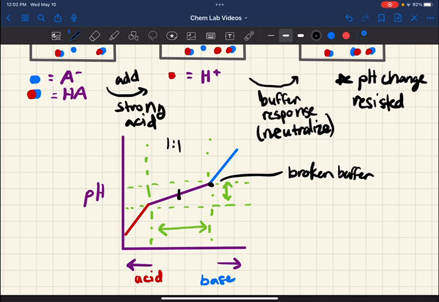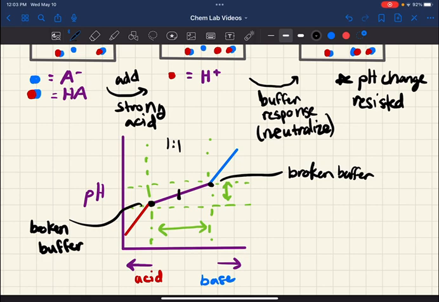In the other direction, let's say we started with that same solution and we started adding strong acid to it, the pH would slowly decrease. It's not a very dramatic slope because the buffer is resisting pH change significantly, but we get to a point where that pH starts to change much more dramatically. And so that point would also be a broken buffer in the other direction.